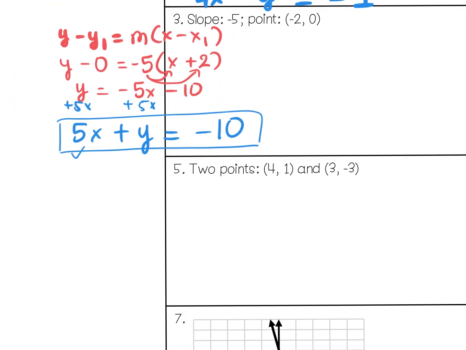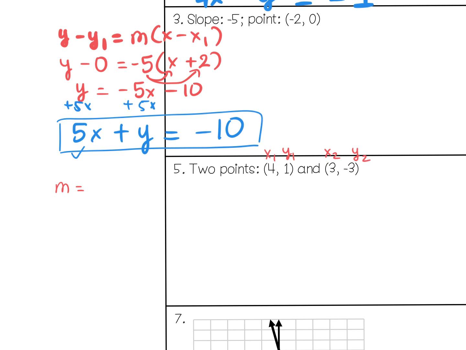Number 5. Okay, so they gave you 2 points. Okay, so doesn't matter what form you use, like slope-intercept form or point-slope form, you still need to find the slope, right? So my step 1 will be finding the slope. So I will label them to make sure it will be accurate.